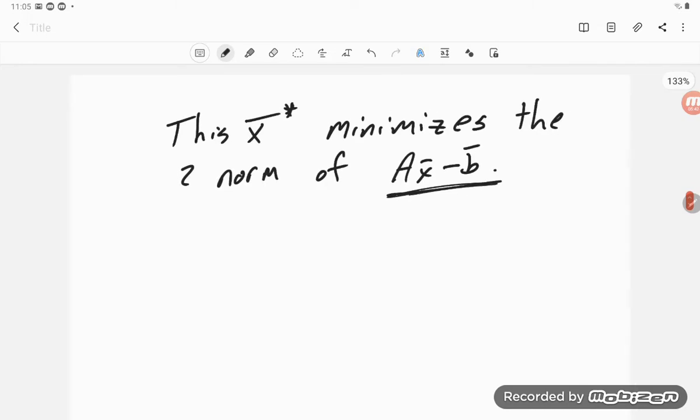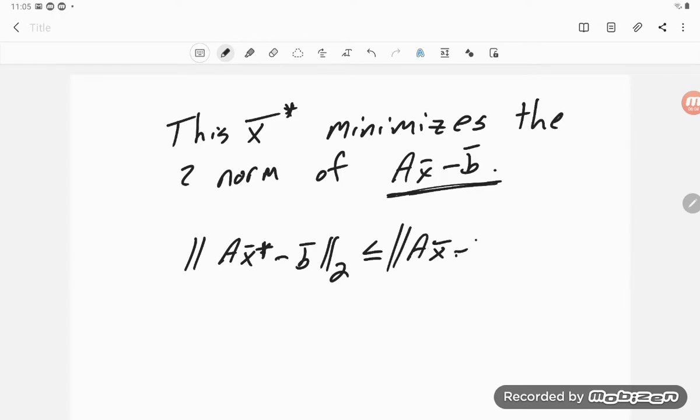But what we find is if we take the 2 norm of that resulting vector, Ax star minus b, that's less than or equal to the same for any other possible x.